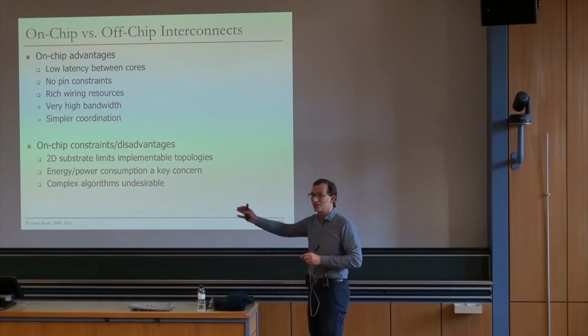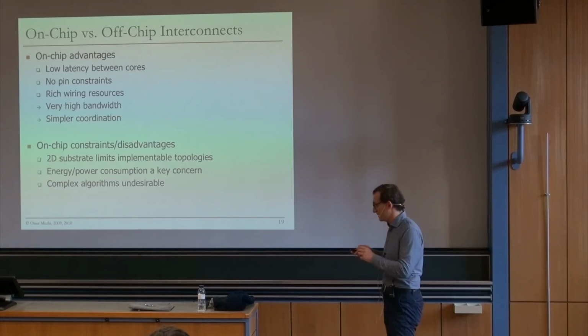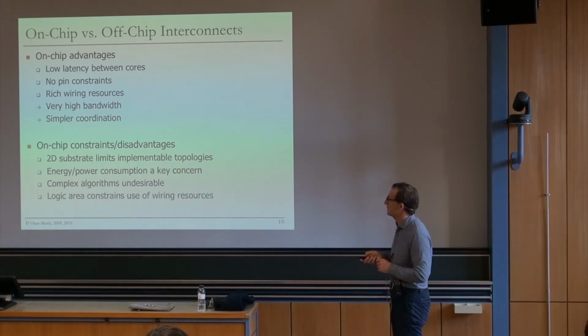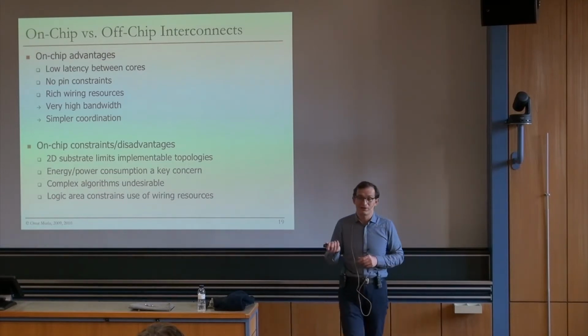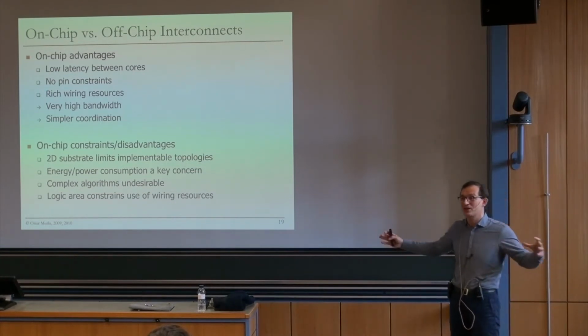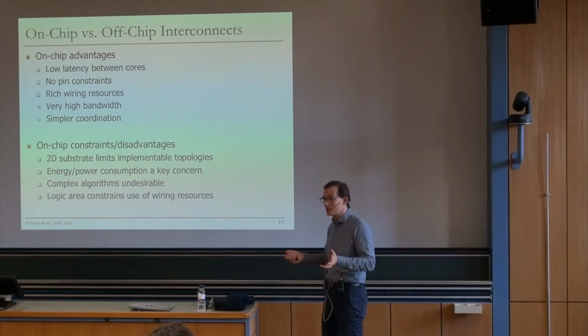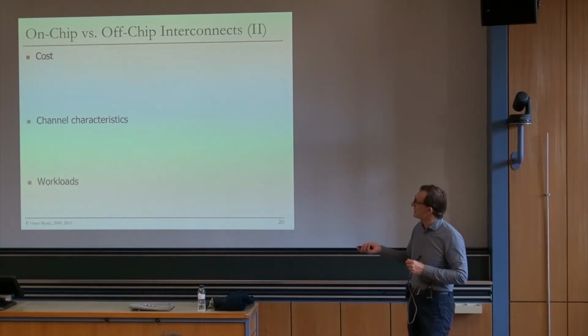Whereas if you have a router that's doing software-based switching, the algorithms may not be that hard to make complex. And also you have logic area that constrains the use of wiring resources. You may have a lot of wiring resources, but you don't want to have huge area in your router, for example. Okay, so let's take a look at cost, channel characteristics, and workloads.